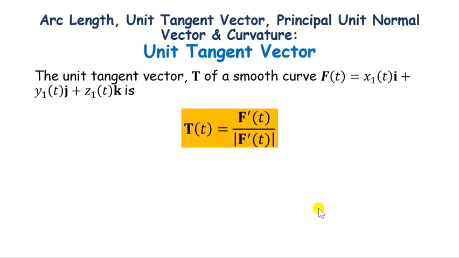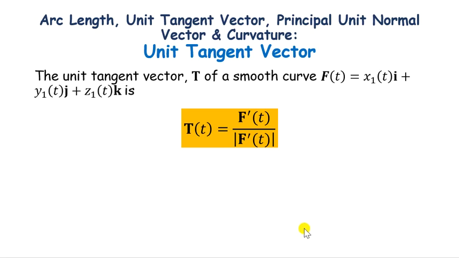The next item in this video is the unit tangent vector. The symbol is a bold capital letter T. For a smooth curve, the vector function f of t is given as the derivative of f of t divided by the magnitude of the derivative of f of t.